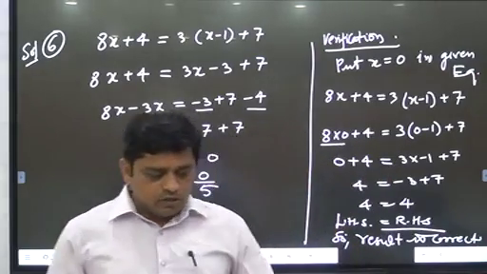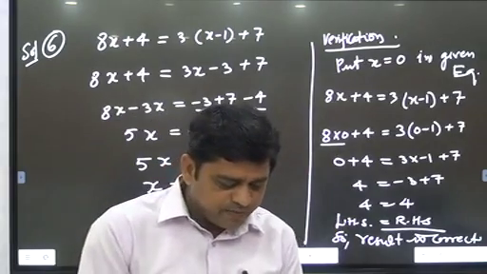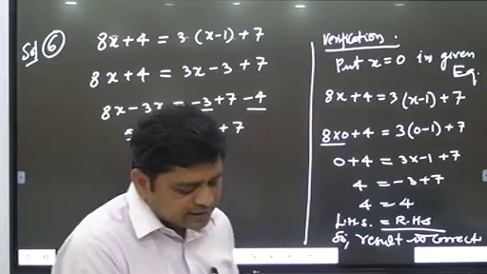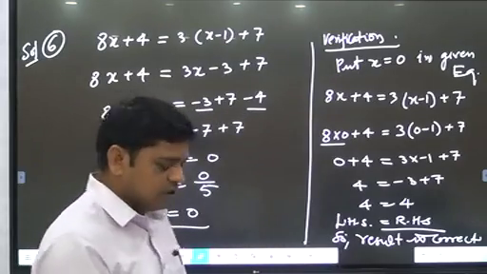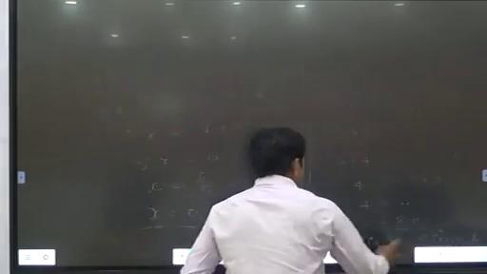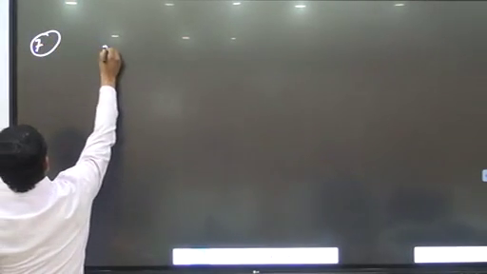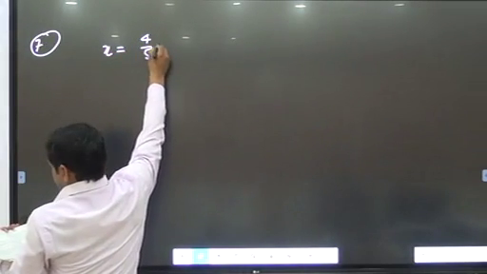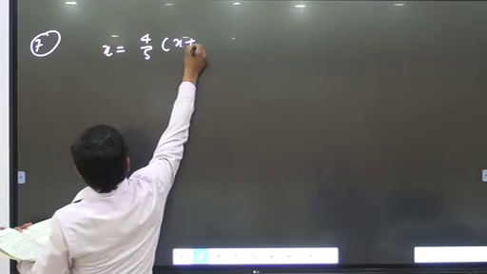Okay, so this is the way we can solve such type of questions. The next one has a little other difference. So I will introduce how you solve such type of question. Question number 7. x is equal to 4 upon 5 bracket x plus 10.